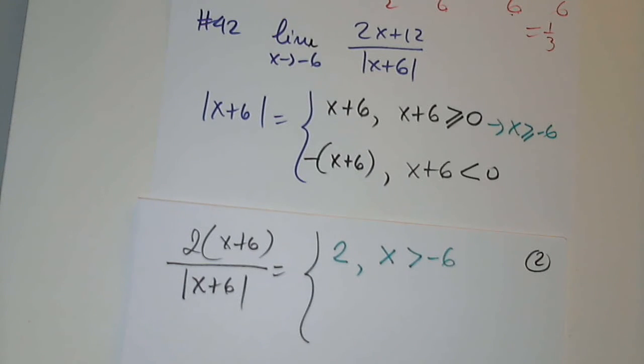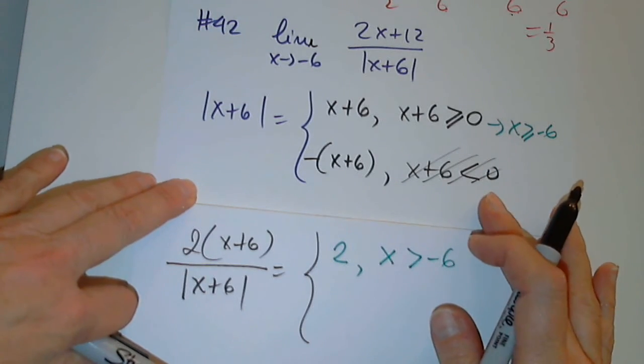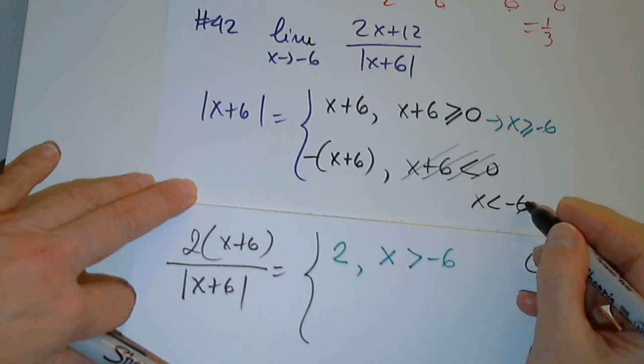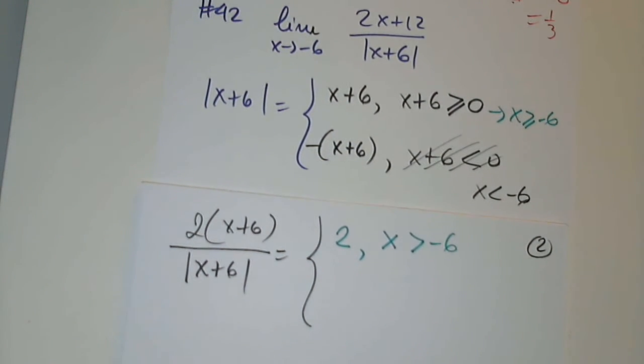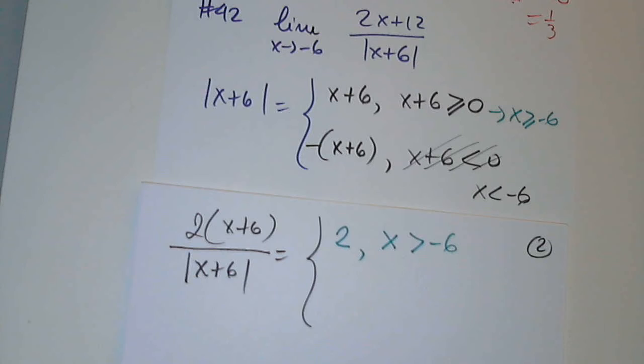Perfect. Of course, you do not ever have to solve the second one. If this one is greater or equal to -6, this one has to be less than -6. What is the other option? Negative 6 doesn't exist.